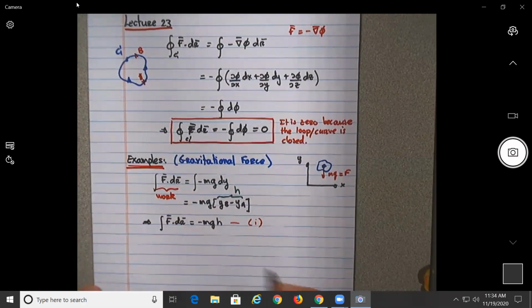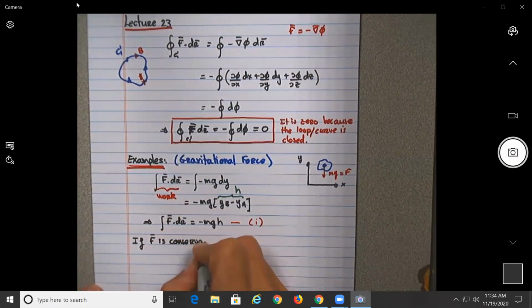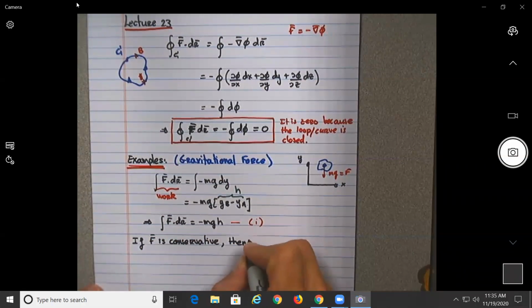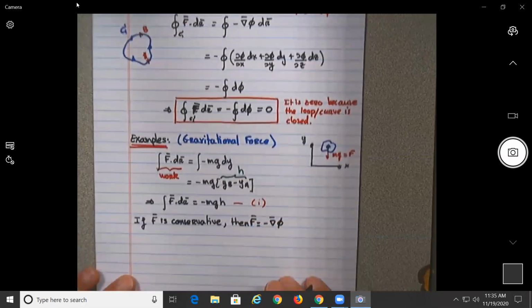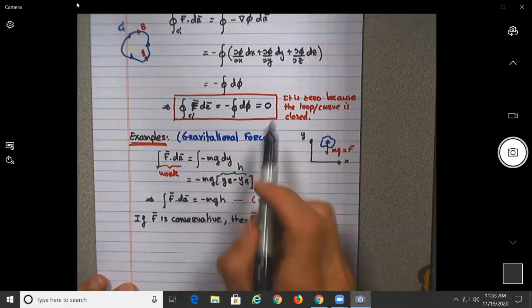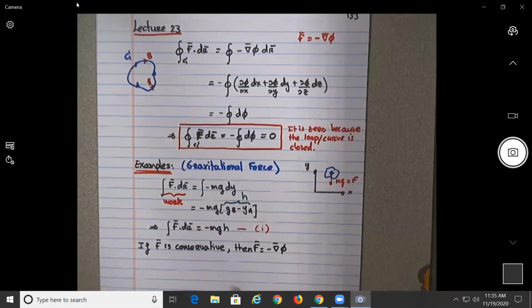Okay, so we could say that if F is conservative, then you should be able to rewrite it as F equal to minus the del of a potential function. Okay, and using the derivation we did above, I could do it differently, but let's do that one. So using the information above, what do we have?